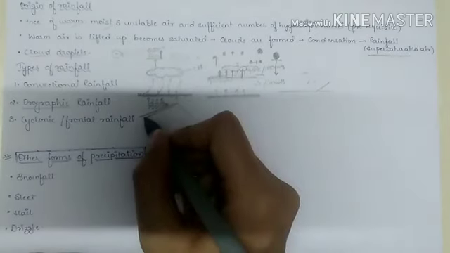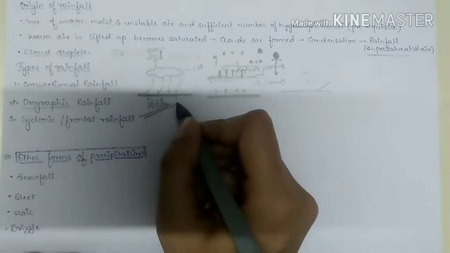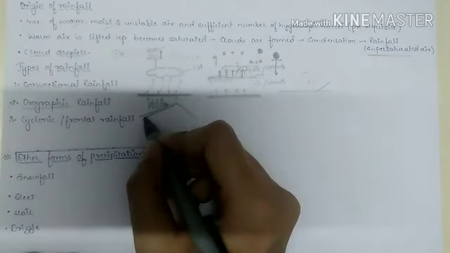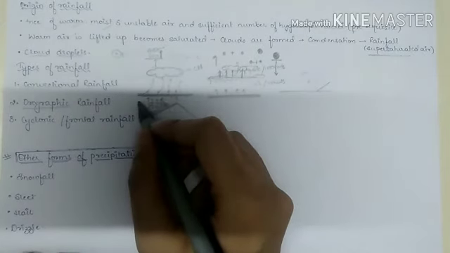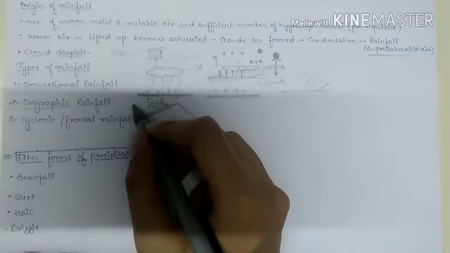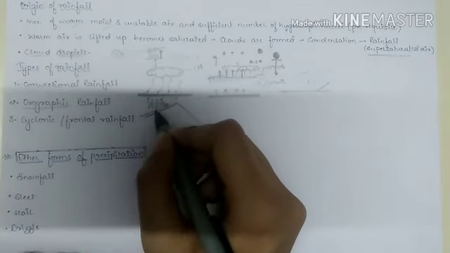Now we have two terms related with this type of rainfall. The side at which rainfall occurs is known as the windward side or onward side. It receives maximum rainfall.